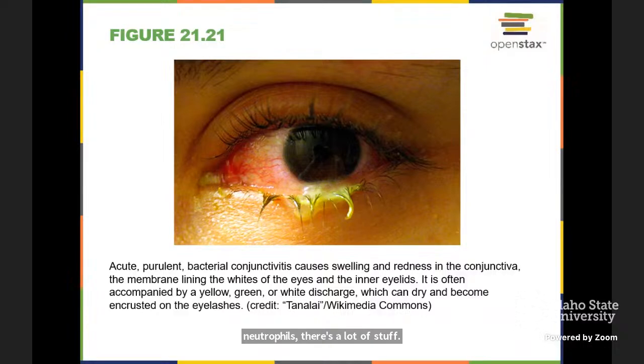Redness of the conjunctiva and the whites of the eyes, all kind of bloodshot. So yellow, green, or white discharge, and potentially kind of gluing the eyes shut, especially if you just woke up, all sealed shut. So viral types of conjunctivitis, it's not purulent, right? You don't see this. You've got a lot of watery, clear, but not colored, all right?